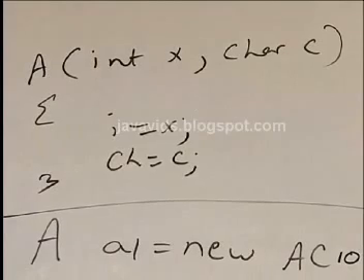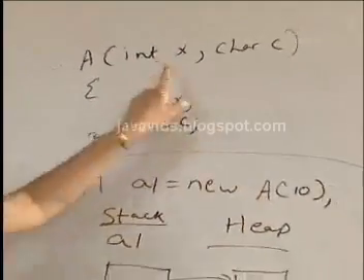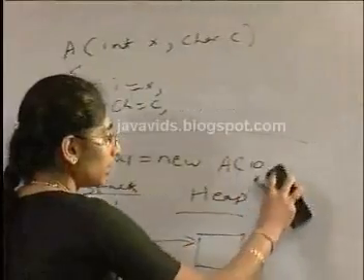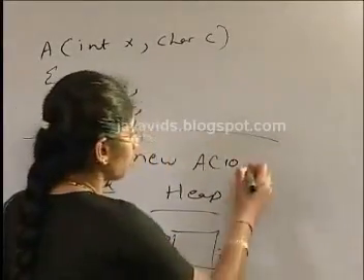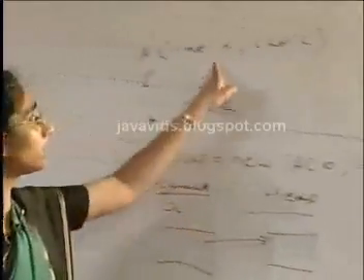So now there are two ways of creating an instance of this class, either by passing an int value while you are creating an instance, or by passing an int comma the character value. So depending on the type of parameters that you are passing, when you create an instance of a class, the appropriate constructor will be called.